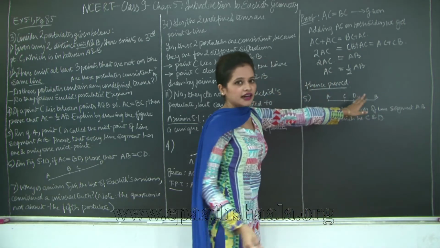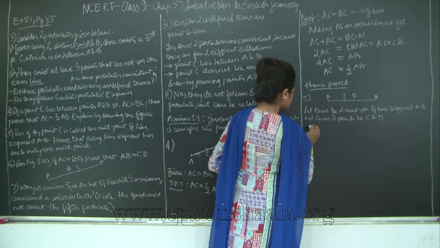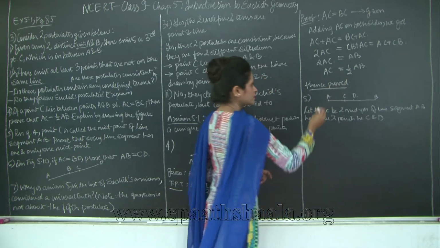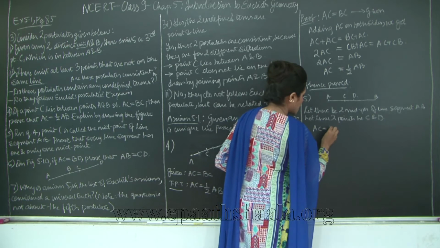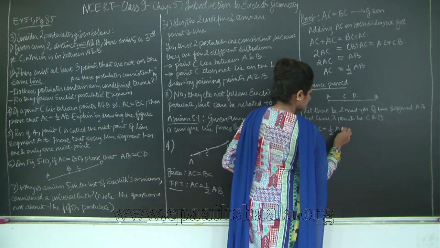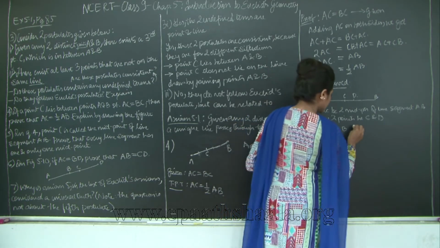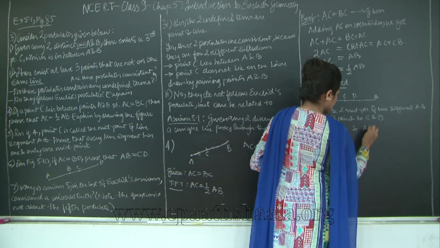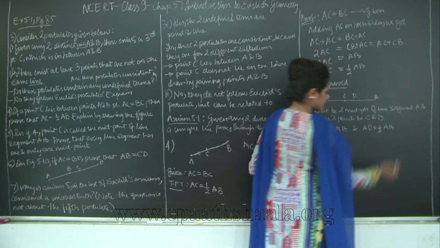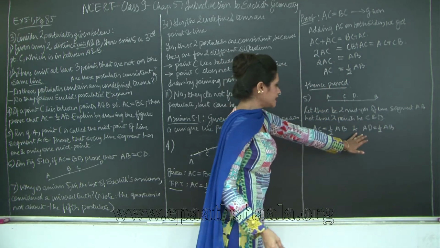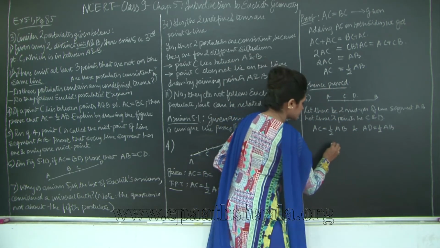That means C and D are two midpoints. So now, by using this definition, what do I get? AC is equal to half AB and AD is equal to half AB. Correct? So what do I get? I get AC is equal to AD.